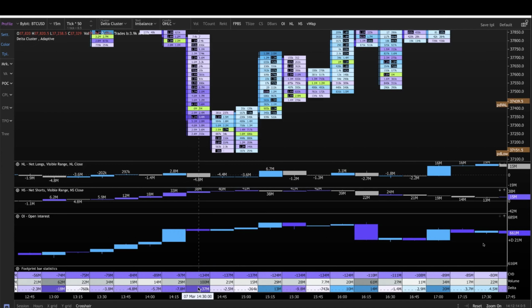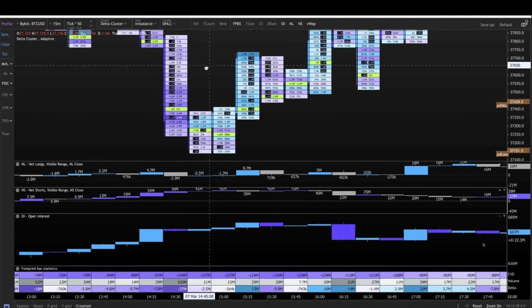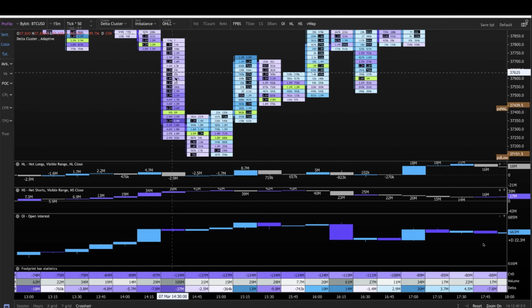And we can see negative 37 million delta, which means we have 37 million more shorts than there are longs, which basically means there's about 60 million shorts here and about 40 million longs out of that total 100 million volume. Now, this means that there are 60 million shorts right here in this candle.